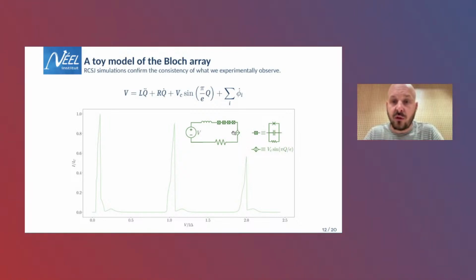Then we have a small junction that we model as a sine Q. I told you about the cosine of the charge before, but since now we are dealing with the equation of motion, you need to derive the Hamiltonian, so you get a sine. And then we still have a little bit of damping in the system. This is 500 ohms, but this is cheap resistance, so we don't care if it heats up or not.